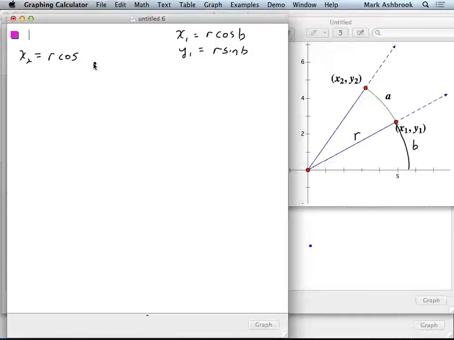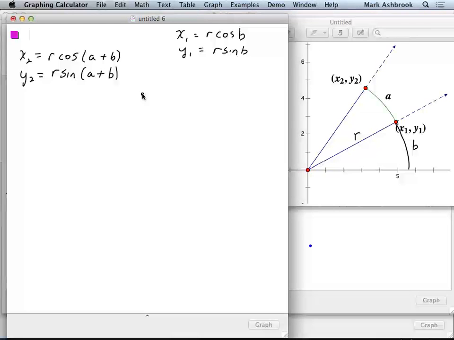He wants r cosine of a plus b. All right, keep going. And then y2 would be r sine of a plus b. What do you think? Okay, now what?